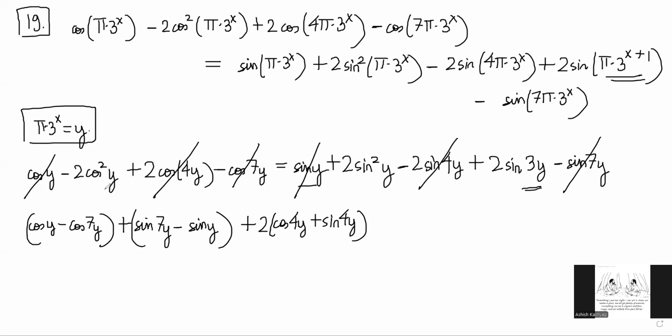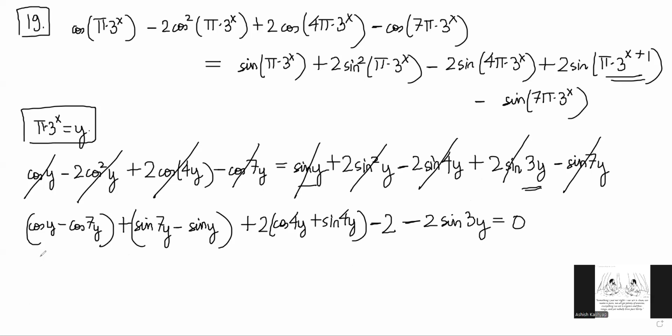And then you have cos square y and sine square y, which will become obviously minus 2. And finally you have 2 sine 3y, so minus 2 sine 3y equals 0. I have put all the terms on the left hand side. Do you understand what I have done?